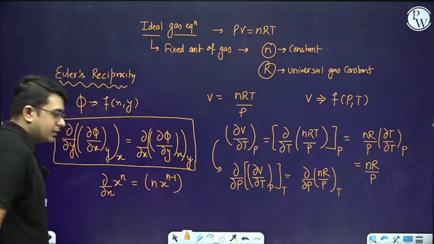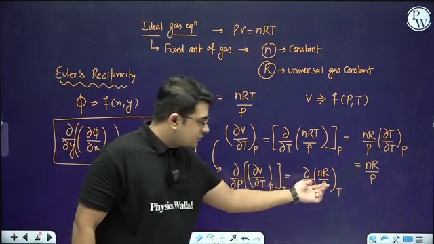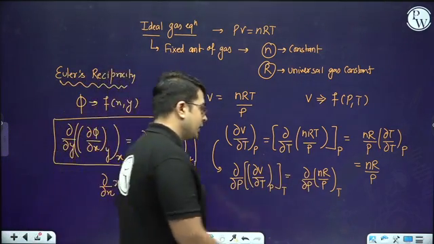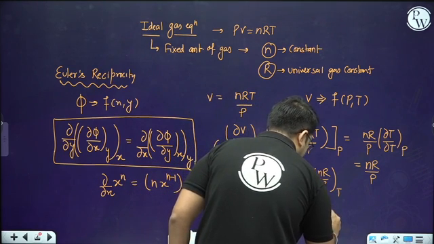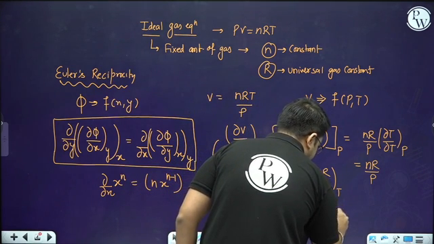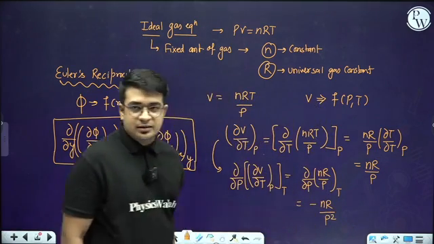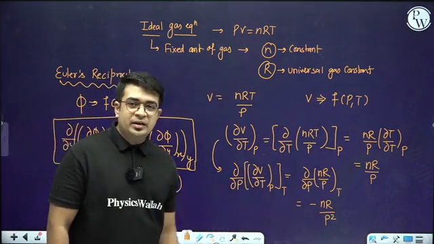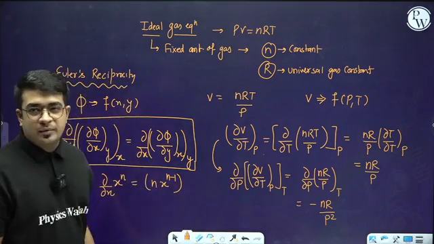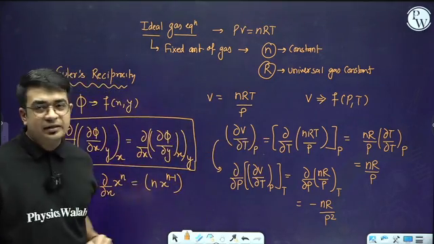So if this becomes P raised to the power minus 1, then this value will be minus nR P raised to the power minus 2, that will be P square. So that will look like this: minus nR upon P raised to the power 2, that will be the final part. So the first quantity is already calculated.